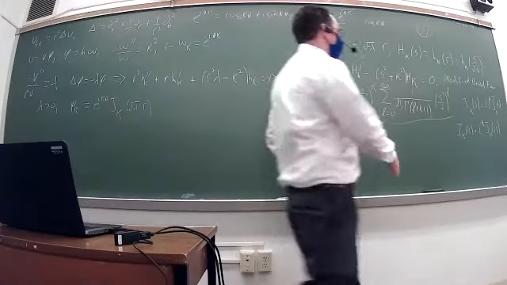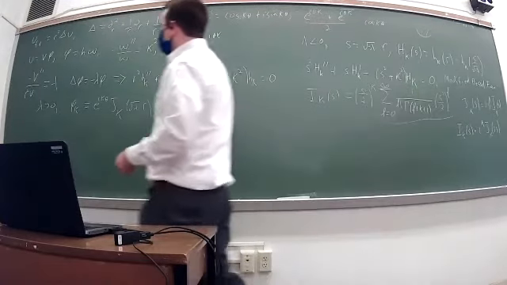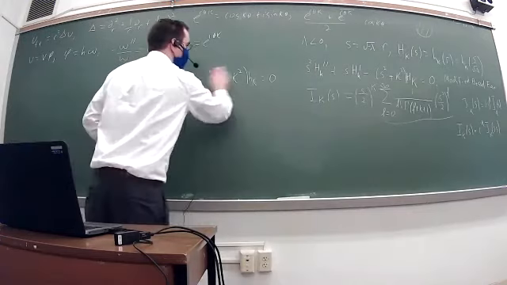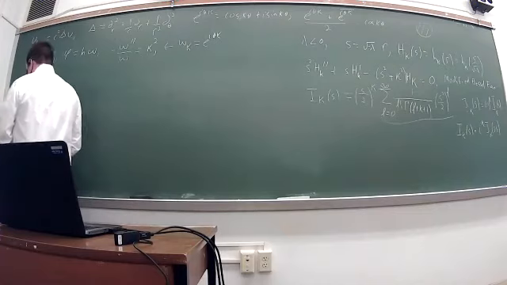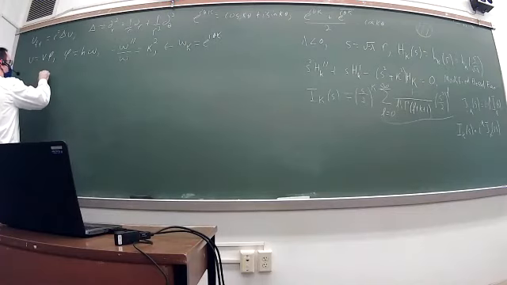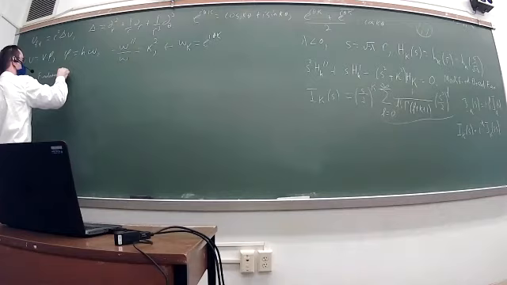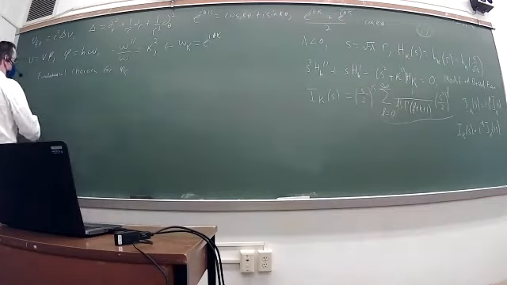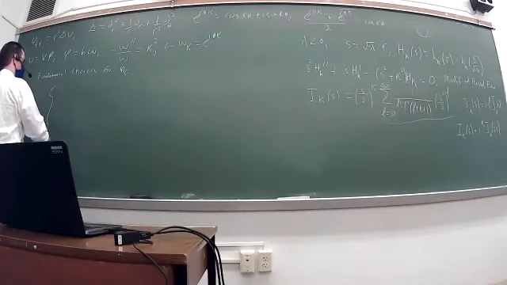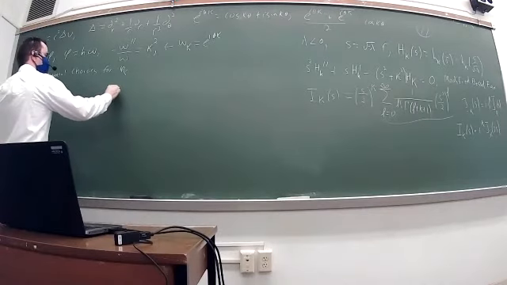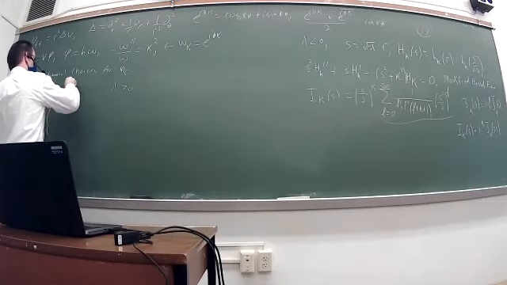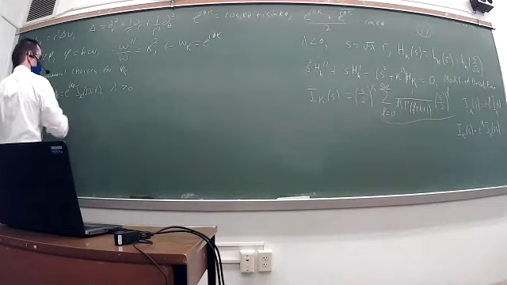So maybe it's good to look at what I'll call fundamental choices for phi k. We'll organize them in a list. If lambda is positive, you get phi k equals e to the i k theta times j k of root lambda times r.